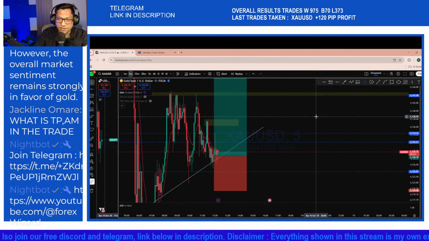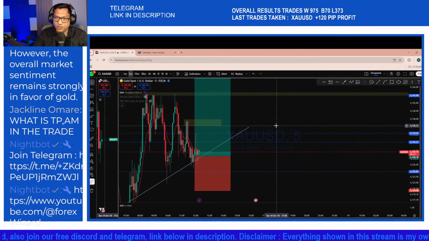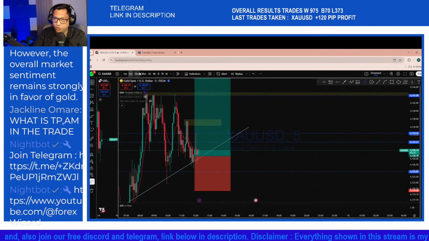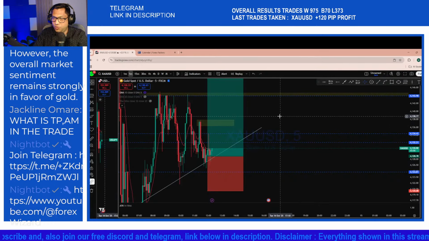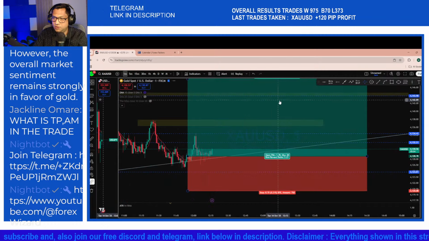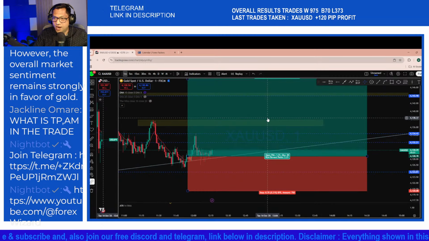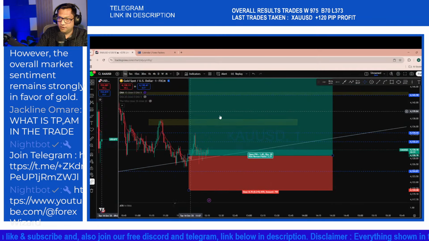We are in an uptrending market structure where the market is showing to be bullish, and on the lower time frame we can see there is a breakout crossing that high, creating a new higher high here.